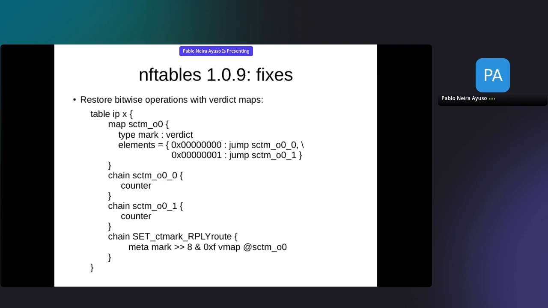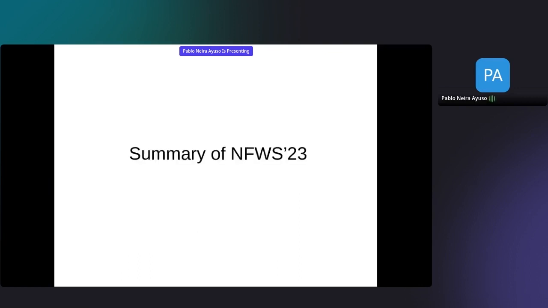It's shifting right 8 bits and then taking just again 4 bits of them, and then based on that just makes a decision on where to jump. What is the next chain to be inspected for this packet. In this case, the chains are very silly. In the example, they are just counting packets, but you could specify the filtering that you find convenient for your policy.